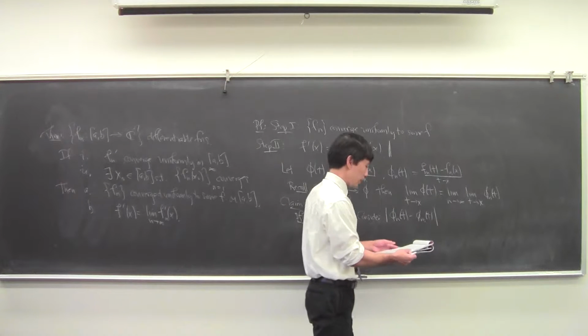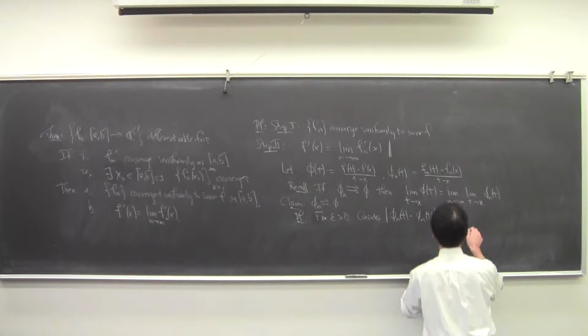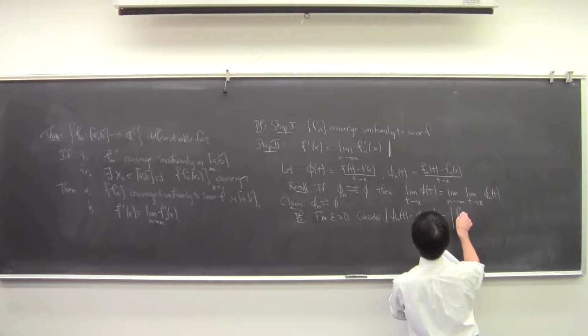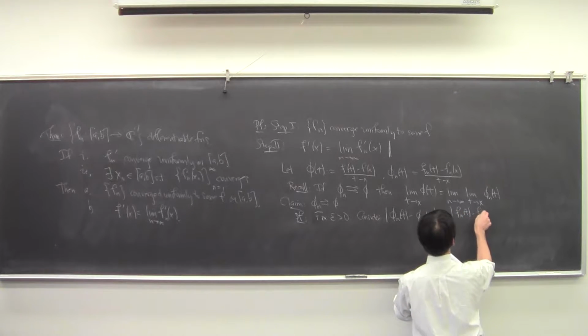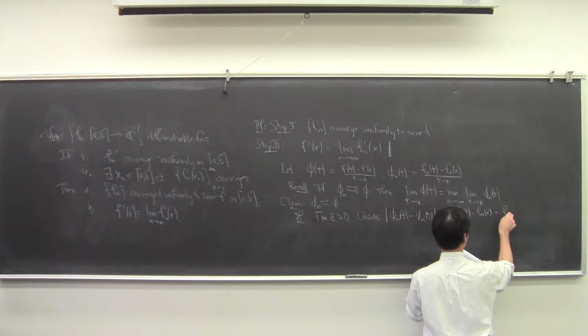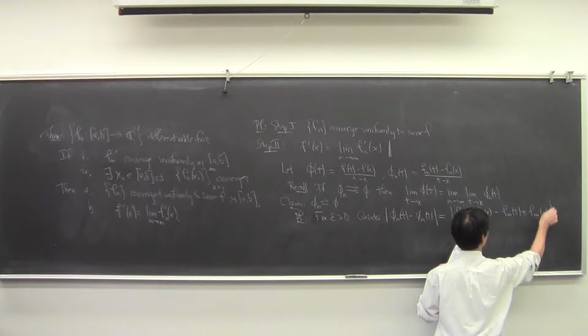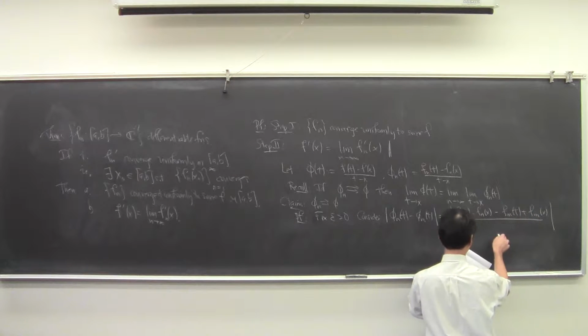Okay. So, well, by definition, this is just fn t minus fn x minus fm t plus fm x, everything over t minus x.